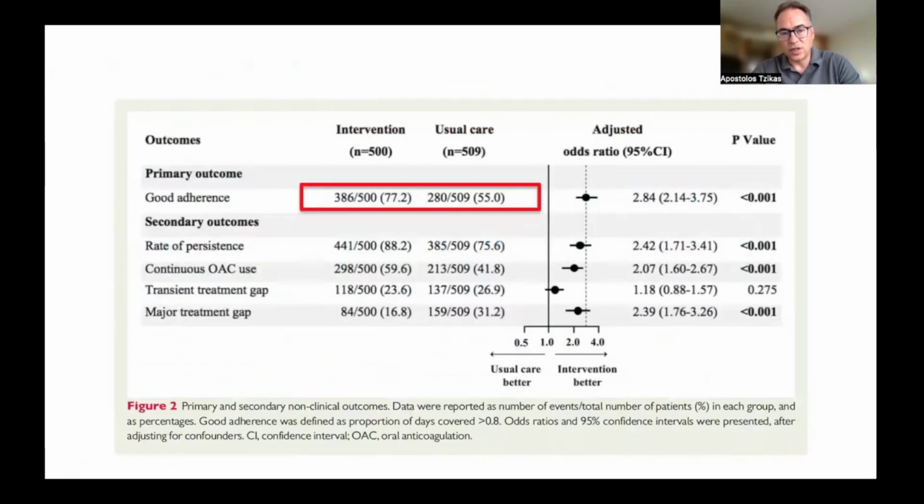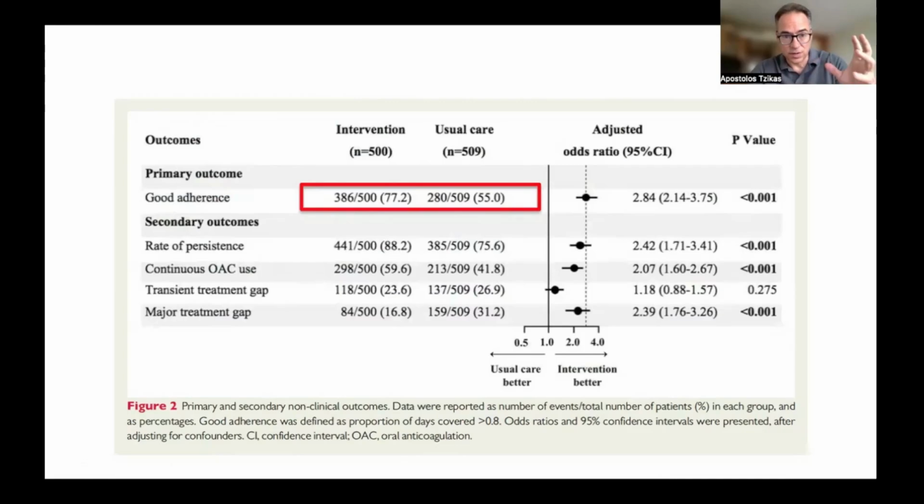This study was conducted in Greece in 1,000 randomized patients, and we did an intervention on half of the patients, trying to increase the adherence. The positive effect of this was that we increased the adherence to 77%.